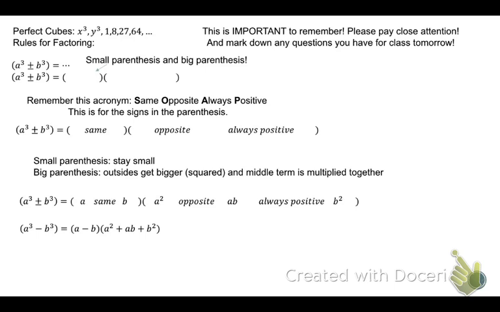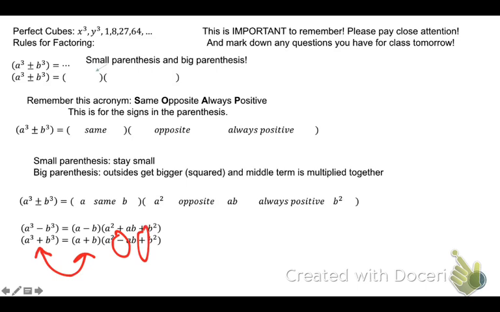So let's use this without so many words. So a cubed minus b cubed is a minus b, because same sign, times a squared plus ab plus b squared. So same sign, opposite sign, always positive. Okay? Same thing with plus. Again, same sign, opposite sign, always positive.